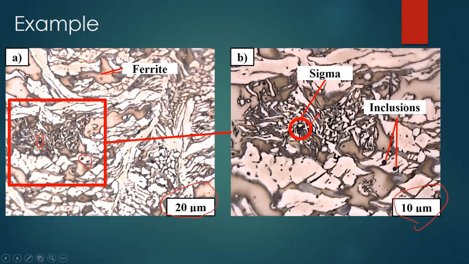What are these? They are inclusions. So this is a way of presenting a microstructure to give more details about it. So what generally I can say so far: be clear, and clear.